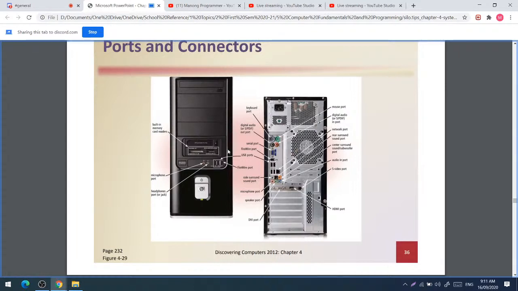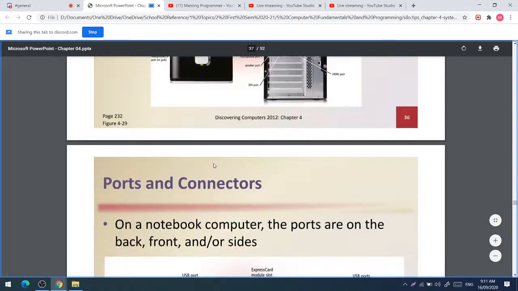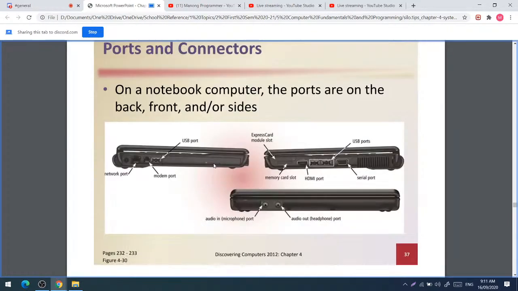So, we also have the standard port. Yung standard po natin, example po natin is the USB port. And then we also have the specialized port. So, yung HDMI port, DVI port. So, those are example of specialized port. So, for laptops, these are examples of ports.